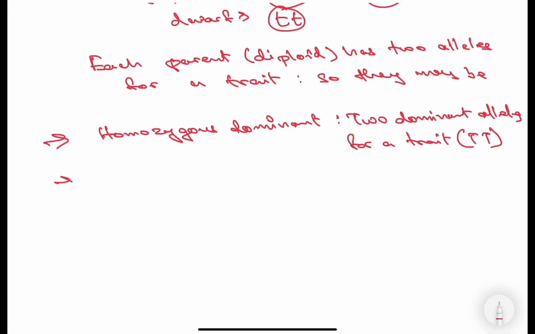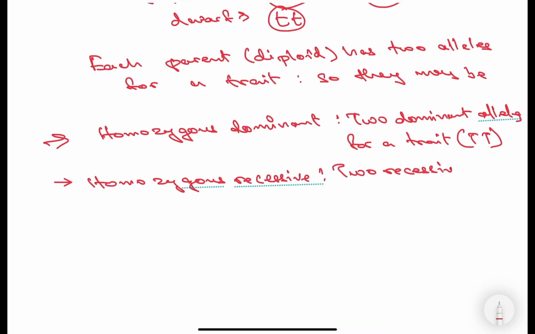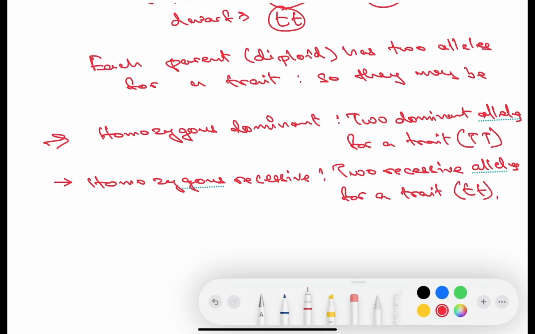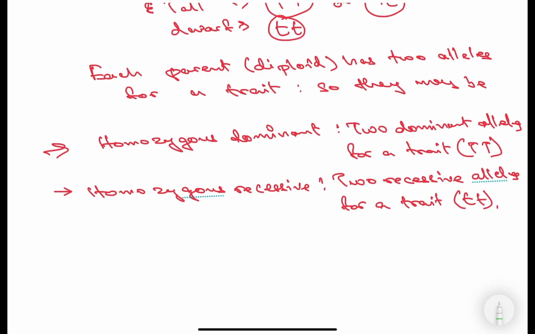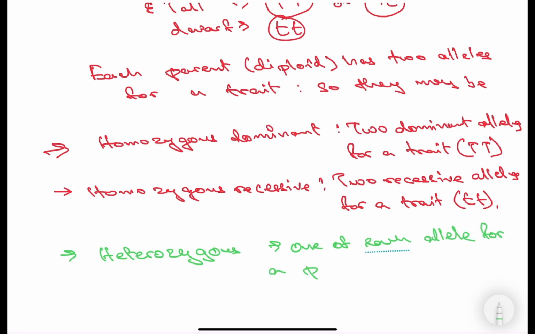They may be homozygous recessive, like two recessive alleles for a trait, or they may be heterozygous, that is, one of each allele for a particular trait.